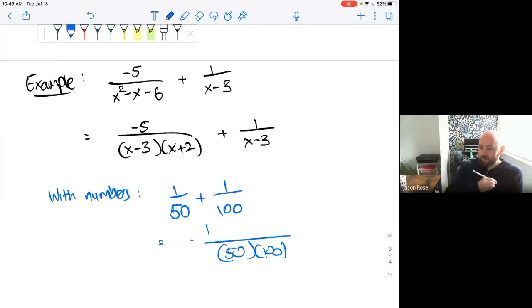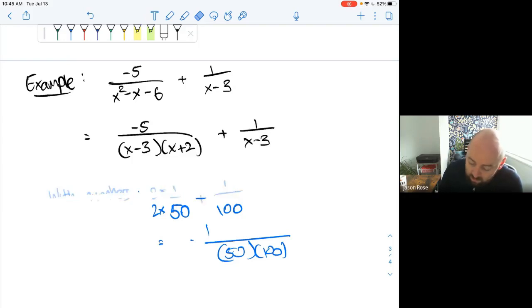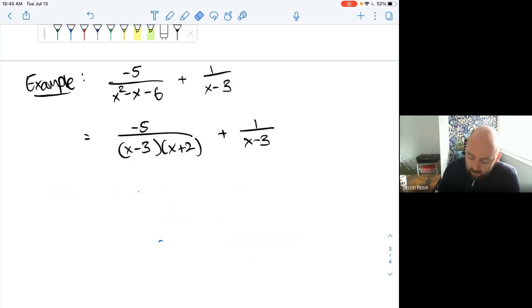It's not really the best way to do it because you can just multiply above and below by 2, and then you have a much lower common multiple of the denominators. So that's kind of what we did with the first term there. Instead of just multiplying the two together, you factor denominators as much as possible, and then see which factors are missing.